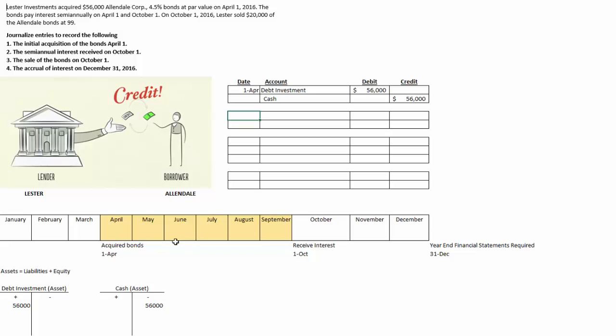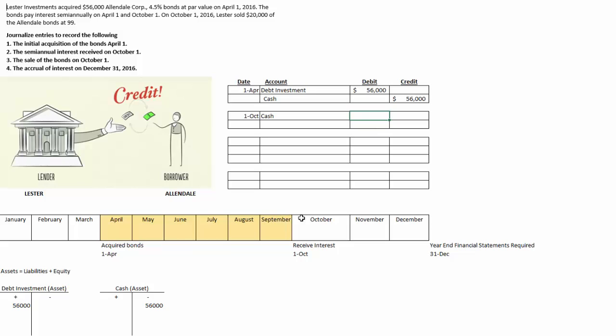And so time just goes along, and 6 months, 1, 2, 3, 4, 5, 6 months pass, and the borrower has to pay us interest now on October 1st. And so we're going to record the interest that we receive. Remember, we're the lender, we're the investor, so we receive cash interest at this point in time, which is October 1st.